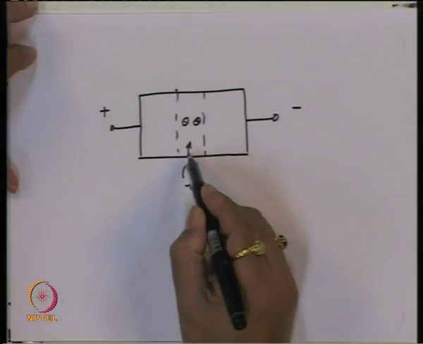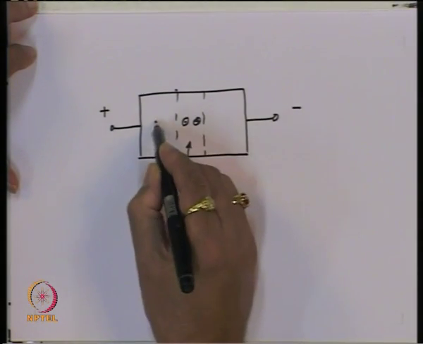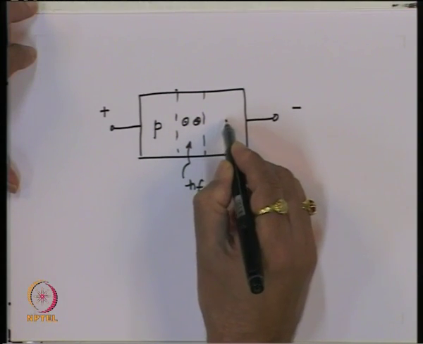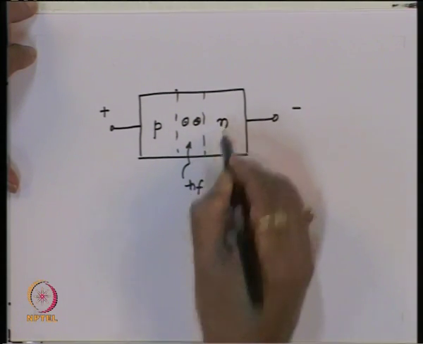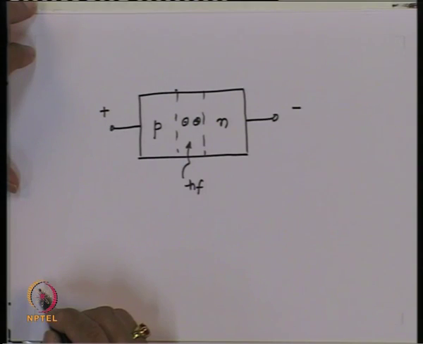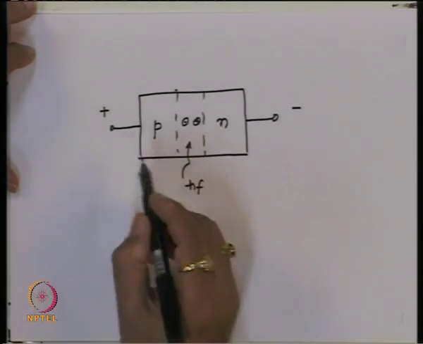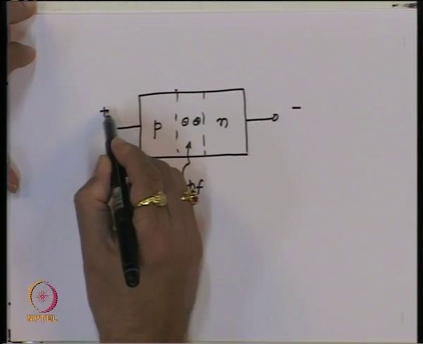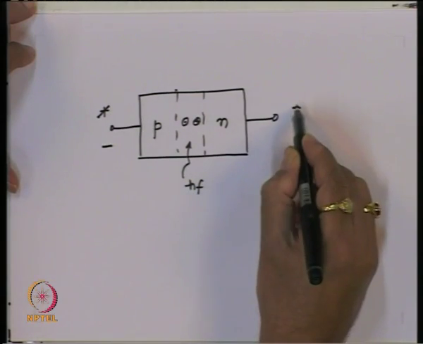Now, schematically we have shown that you have a PN junction here, let us say this is P and this is N. We want to make it reverse bias, so this should be negative and this should be positive.